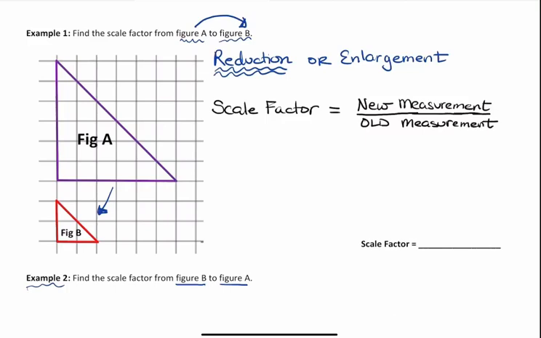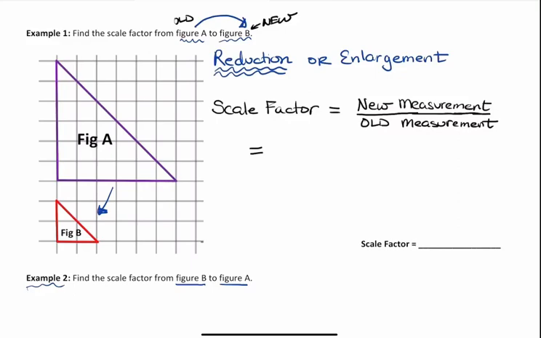So for up here, figure A would be the old, and that would be the new. It's kind of like before and after, more or less. But you want to think of that as a ratio or division problem. And you want to be careful with that.